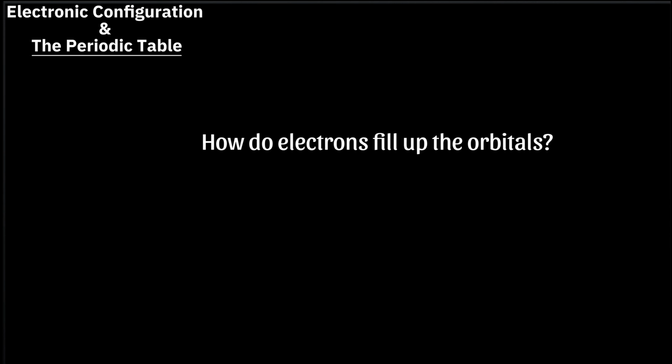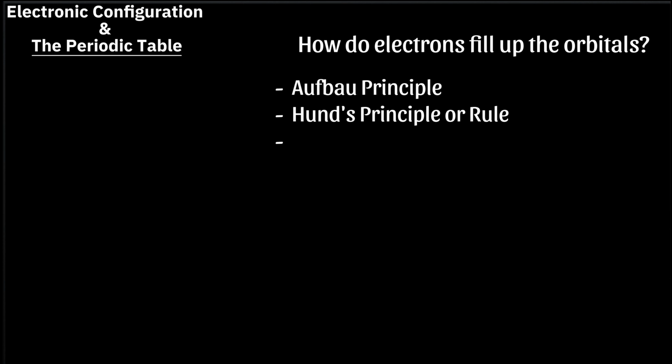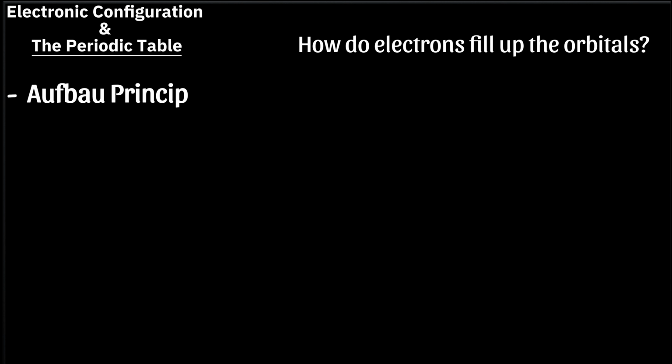How do electrons fill up these orbitals? Very important question. There are 3 fundamental principles that apply in filling the electronic configuration. Number 1 is the Aufbau principle. Number 2 is Hund's principle or Hund's rule. Number 3 is the Pauli exclusion principle. What is the Aufbau principle?